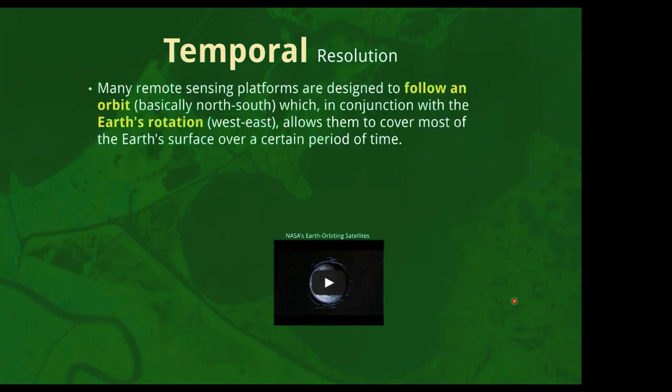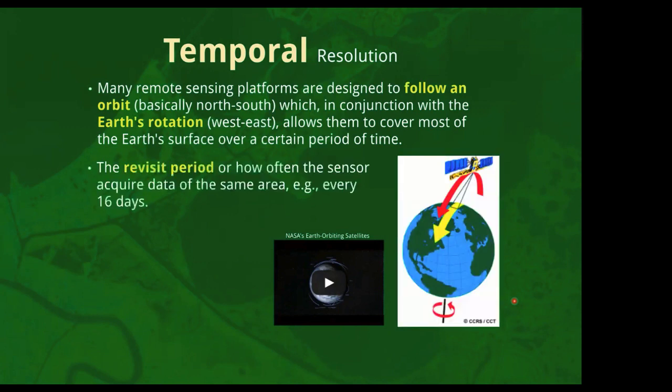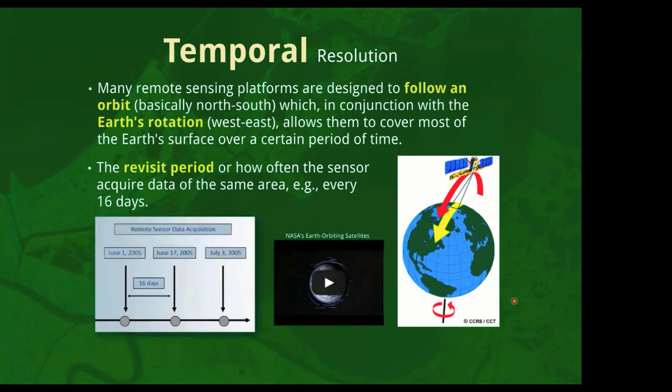So temporal resolution basically defines the revisit time, the interval in between that you can scan the same area of the Earth's surface. For example, that can be 16 days. Or in some commercial satellites, depending on the latitude, they may offer you daily recording of the same area.